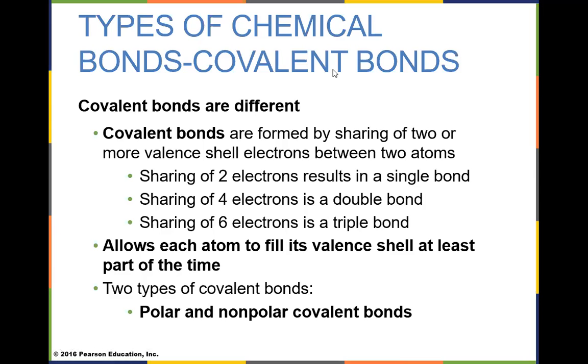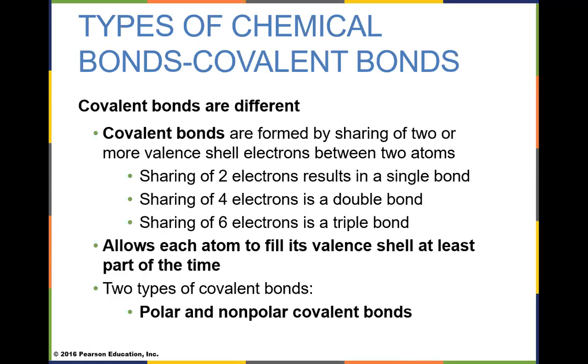What we do have, though, is a sharing of electrons. A covalent bond occurs between 2 or more atoms, using the electrons of their valence shells. So we share electrons to achieve the stability that the atom wants.